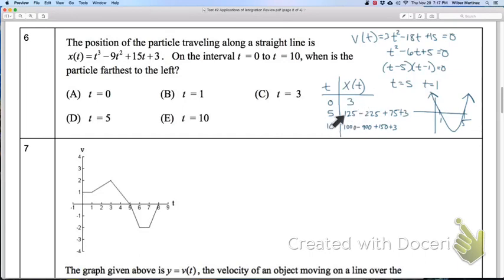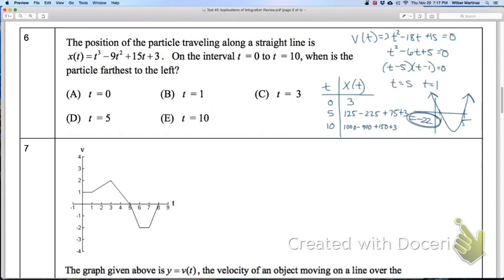So 125 minus 225 is negative 100, excuse me. Negative 100 plus 75 is negative 25. And negative 25 plus 3 is negative 22.